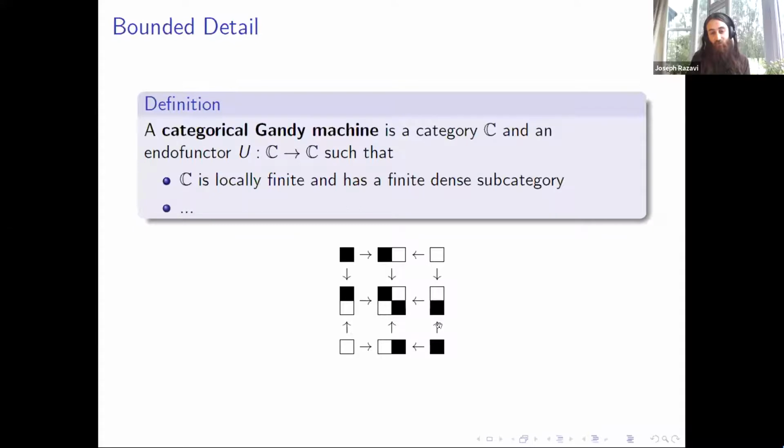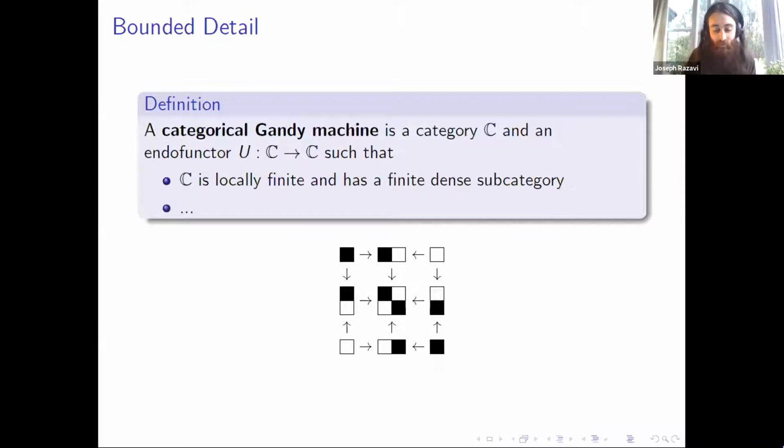Those constitute a finite subcategory, and this grid is the colimit in this category of all of the morphisms into it. So the subcategory is dense. I should say that for most of this talk, I'll treat these objects and morphisms at an intuitive level, but at the end we'll come back and give a more detailed definition of them.